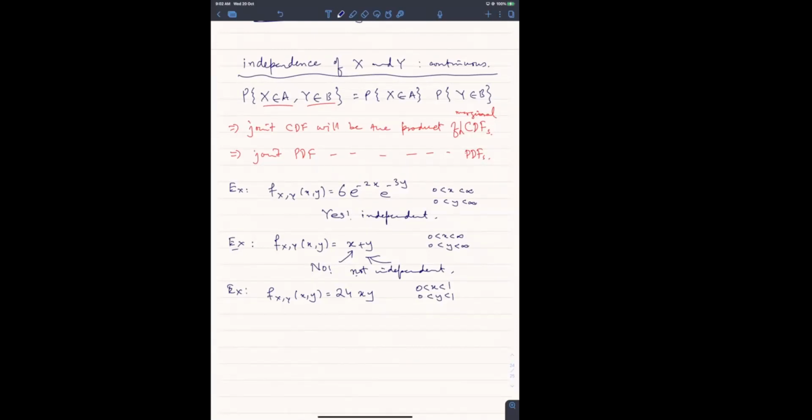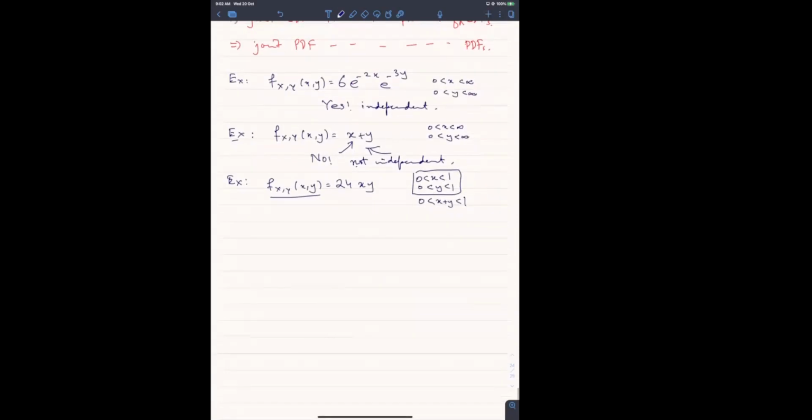Now I change this a little bit. This is the region where the PDF exists. Let me add a constraint to that region: 0 is less than x plus y is less than 1.